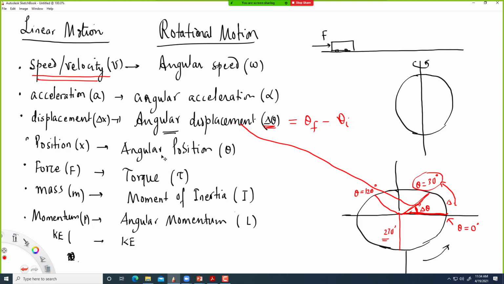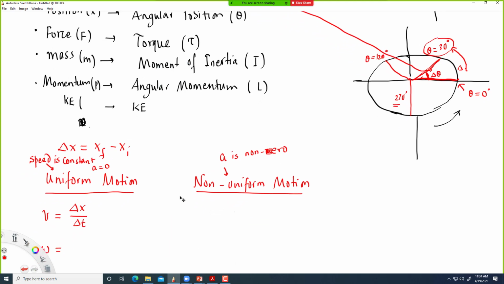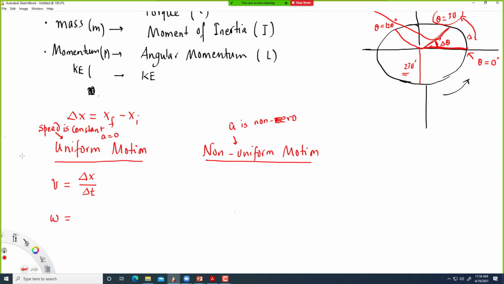Okay. You just need to replace these things with the angular counterpart. So V is replaced by omega, X is replaced by theta, and there is no counterpart for T, T is T itself. That's for the uniform motion.